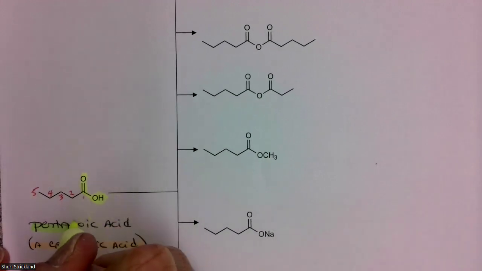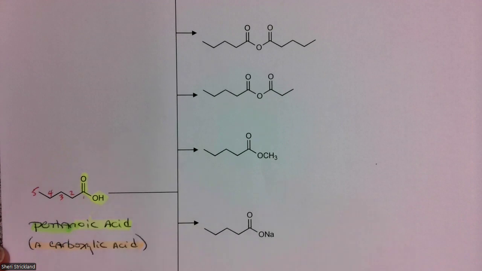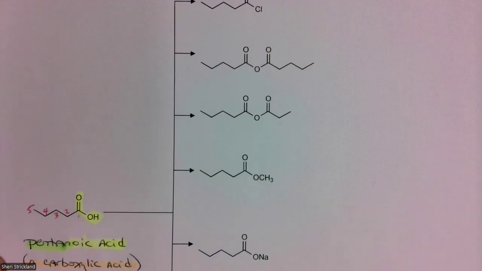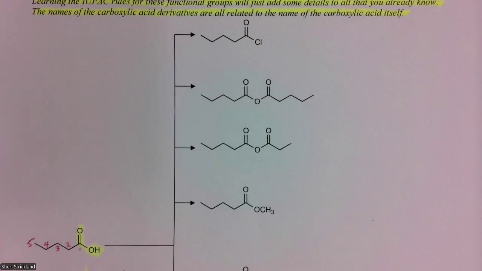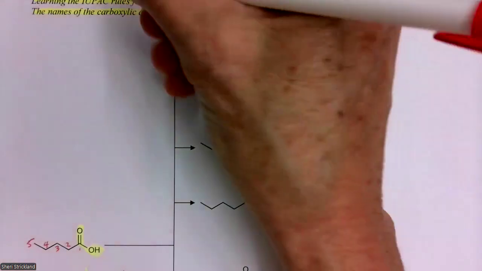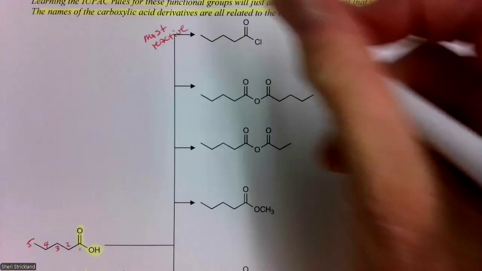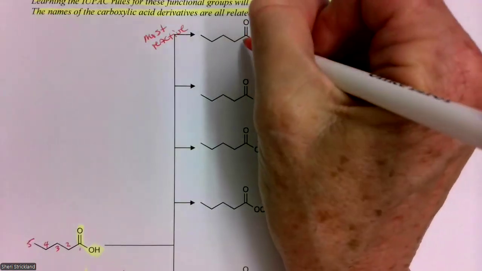All right, so this part of the name of pentanoic acid is what tells you what the functional group is. So when we come up here to this guy at the top, this is the most reactive kind of carboxylic acid derivative. And it's called an acyl chloride. And so we can do the numbers.